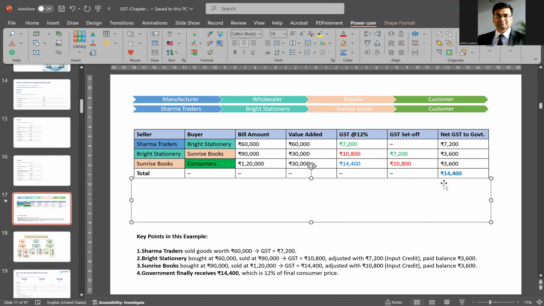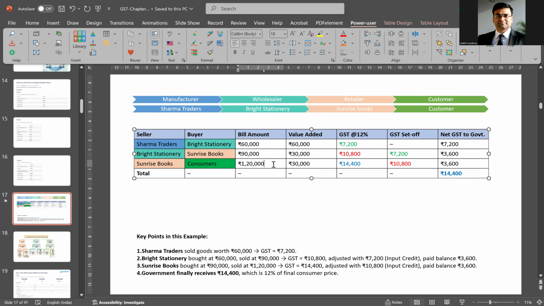So the total GST collected by the government will be 14,400 rupees, which is actually the amount at which the goods are sold to the ultimate customer. If you apply the GST rate, it will be that rate. But at each stage, you see, you are getting the ITC credit, and the net payment to the government is net of ITC credit at each stage.